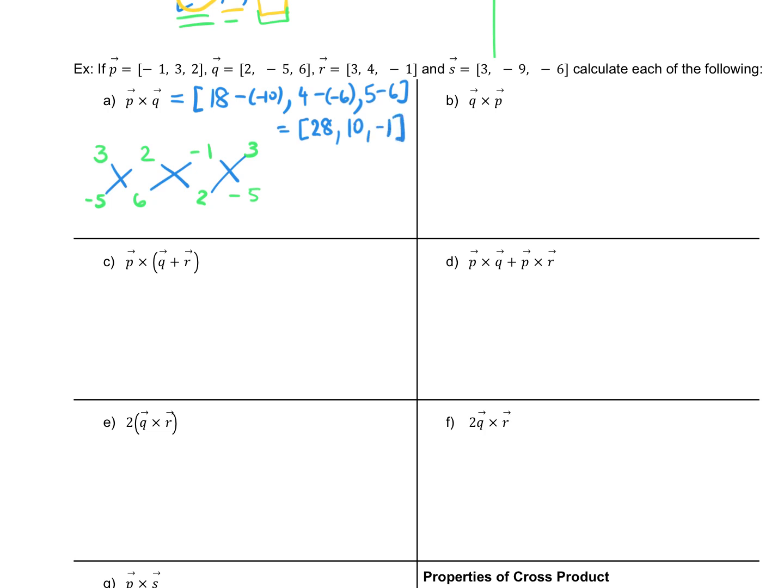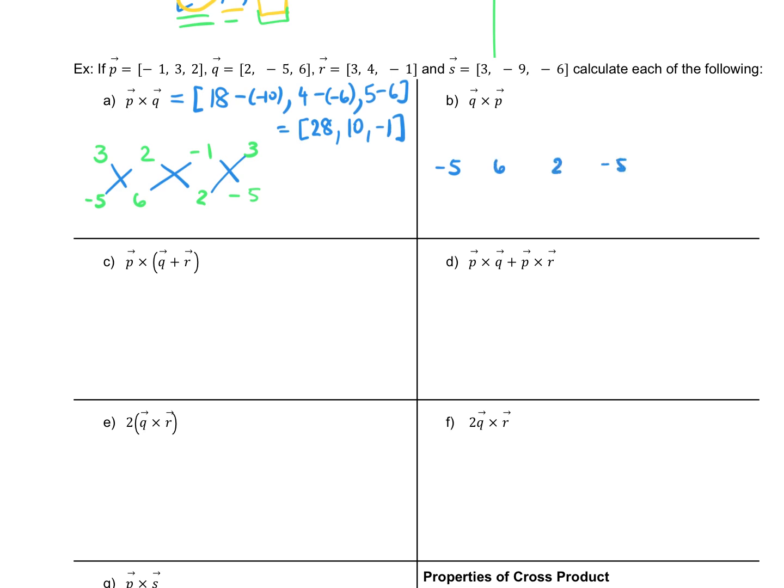Now, we've already established that P cross Q and Q cross P shouldn't be the exact same vector. So let's see what is going to be different. When I set up Q cross P, I'm going to put vector Q in my first row, starting with the second component. So -5, then 6, then 2, back to -5.